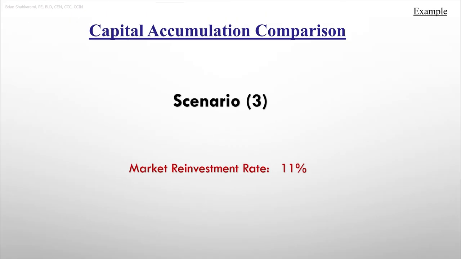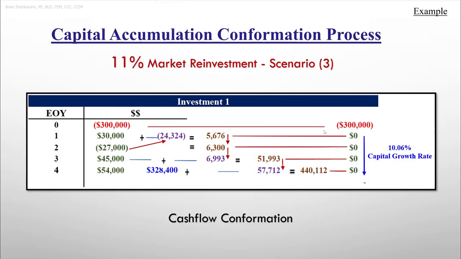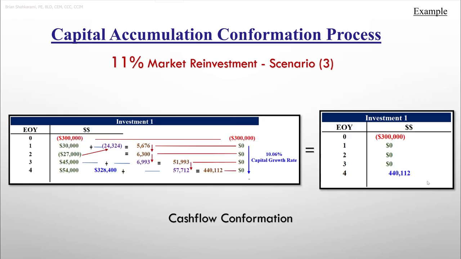Now let's look at scenario 3. All being the same, the only thing that's changed is the market reinvestment rate being 11%. We'll go through the iterations again. We'll start with the equalization of our cash flows, and we come up with the accumulated capital at the end of year 4, giving us a capital growth rate of 10.06%. In summary, this is our conformation look.